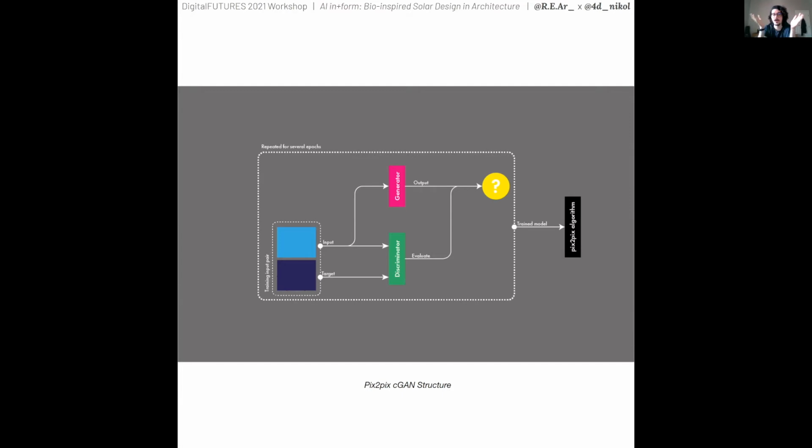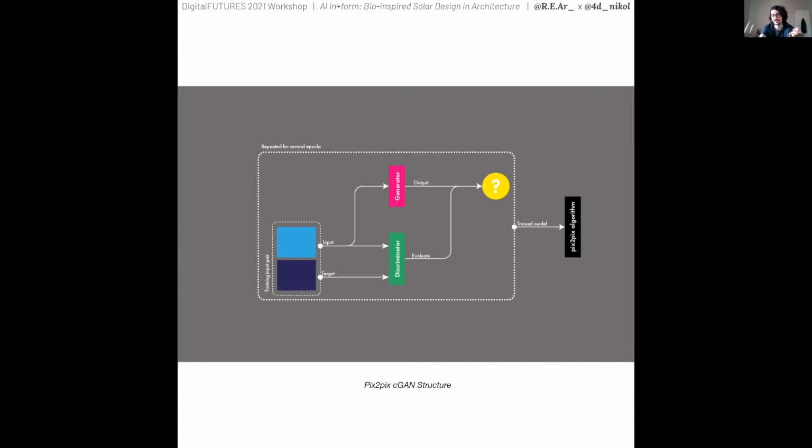So the structure of the algorithm is like this. Here on the left, when you're training, you have an input pair. It's a pair that represents what you have and what you want, right? You want the machine to learn: if you see this input, give me this target output. If you see something like this, make something similar to this other thing.